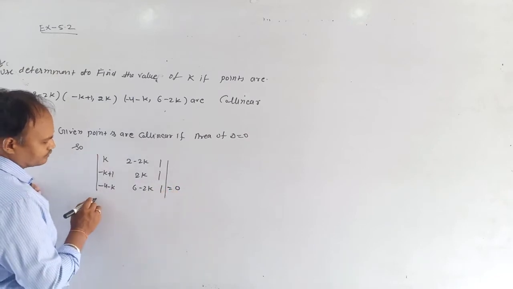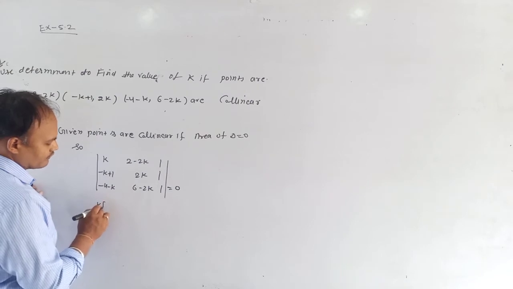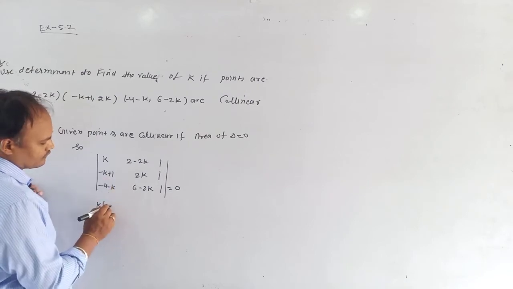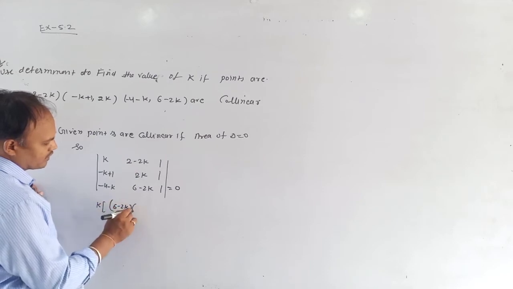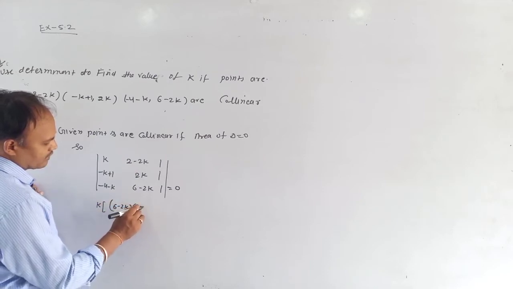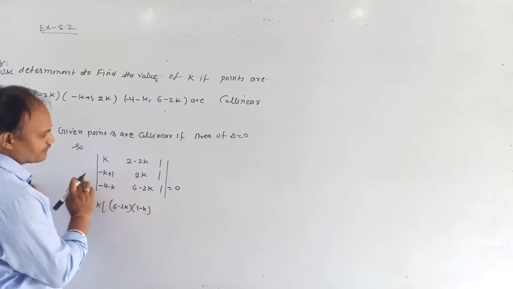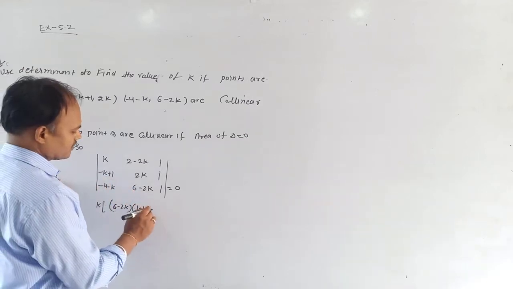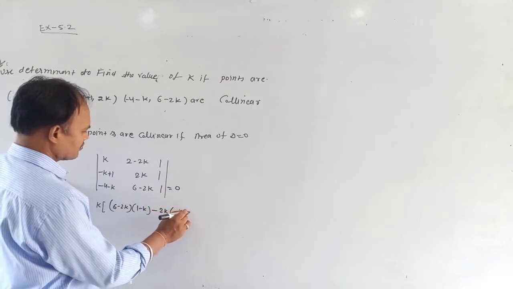Now we are going to solve this. So it is k times (6 minus 2k) minus (2k) multiplied by... and minus (2 minus 2k) times..., and then minus 2k multiplied by (minus 4 minus k).